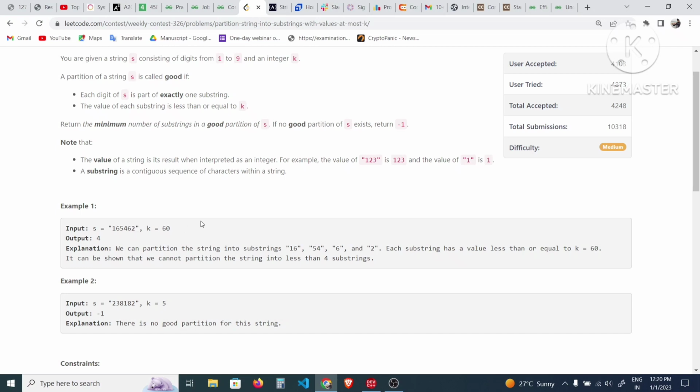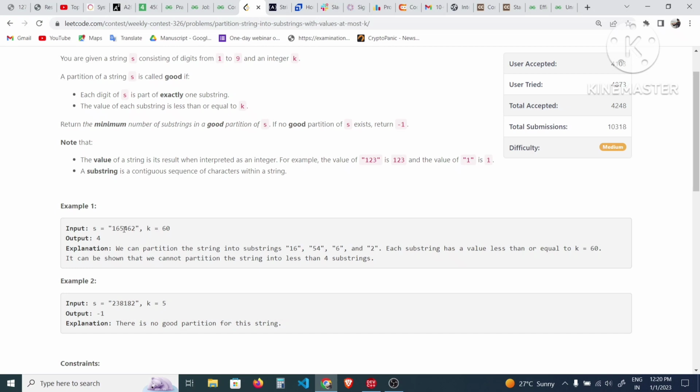Then I will start again from 6. I take 6, 6 is smaller than 60, so I continuously take another digit, so I will take 4 also. While taking 4, I multiply it by 10 and add it to 6, so it becomes 46. That is also less than 60.